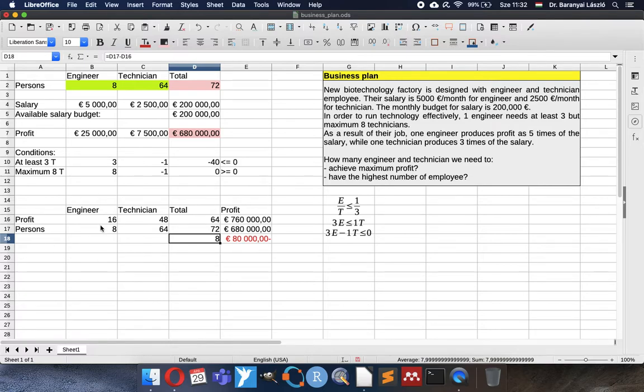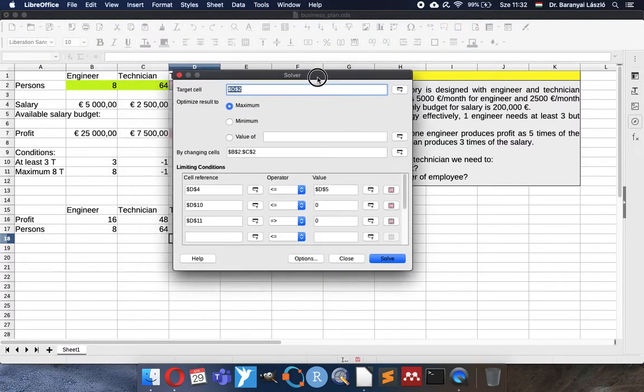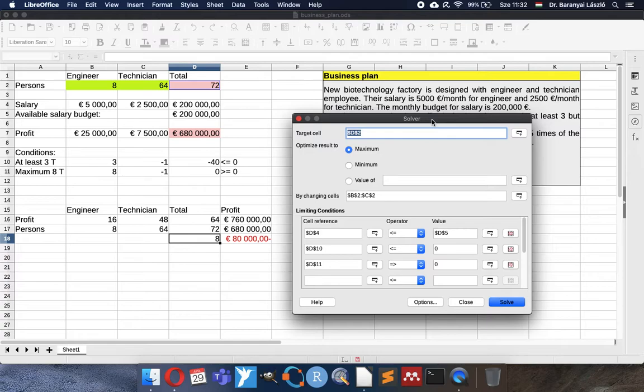So this is the difference between the solutions, and you can see that these two goals can be evaluated from the same calculations, with the same conditions. The only difference is the target cell.